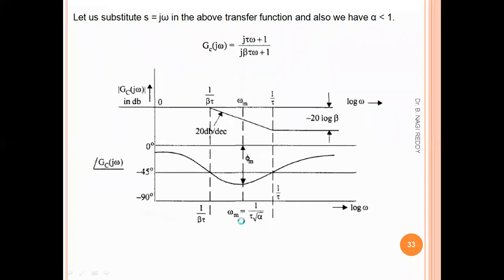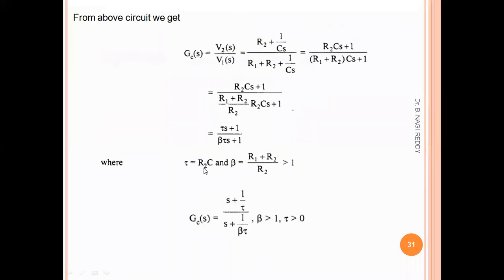So this tau and beta values are nothing but tau is equal to R2C and beta is equal to R1 plus R2 by R2. So from these relations, we know tau, we know beta. So from these values, we can assume resistance R1, R2 and C values. They have to satisfy tau value and beta value. Accordingly, we will assume R2, R1 and C values.